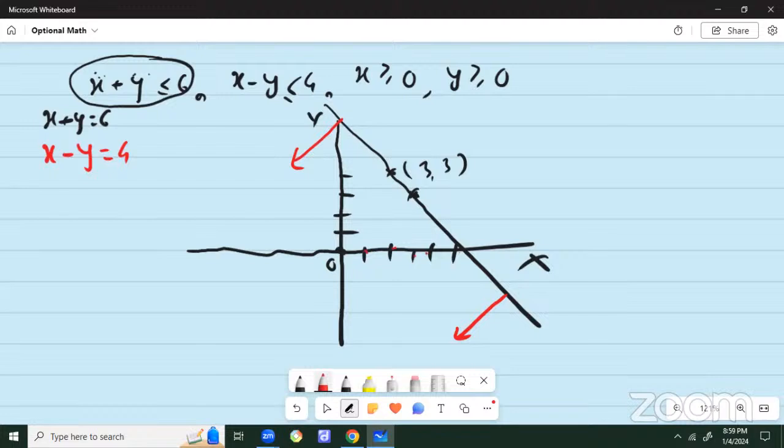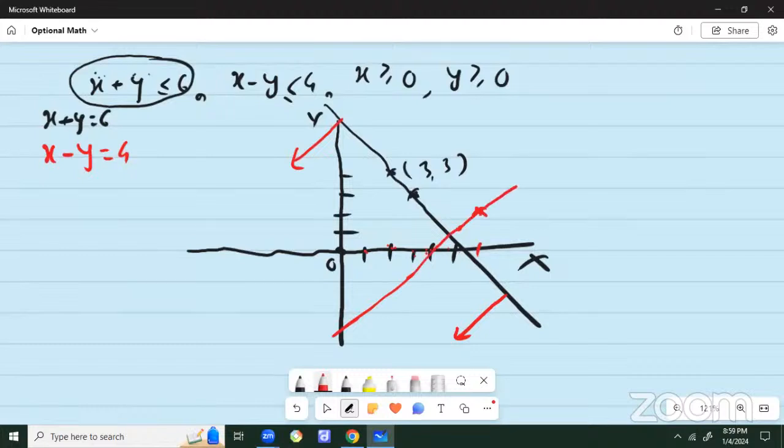One more, 5, 1. So 5, 1, right? So the line will go like this.